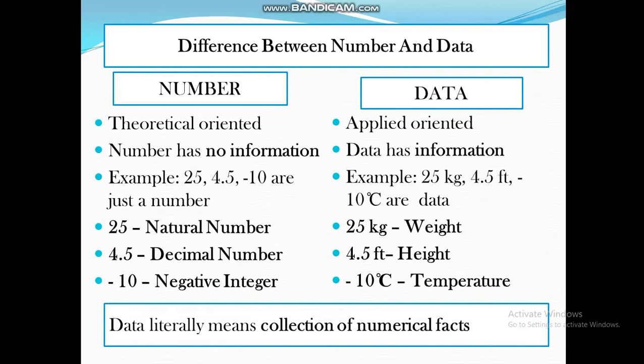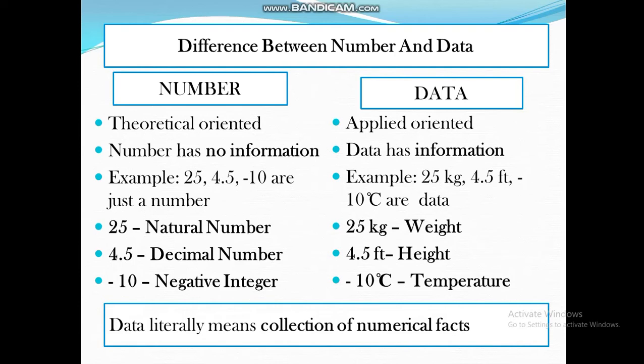25 kg can be the weight of a person. Similarly 4.5 feet can be the height of a person, and minus 10 degrees Celsius can be the temperature of your room or a country or a place. So the data has meaning. But the numbers 25, 4.5, minus 10 are a natural number, a decimal number and a negative integer.